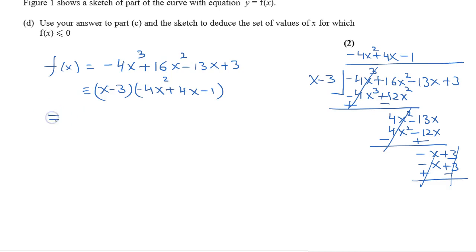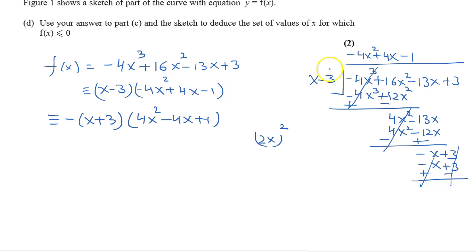So this can be written as, I take minus common here, so this is minus x plus 3, and this I can write as 4x squared minus 4x plus 1.